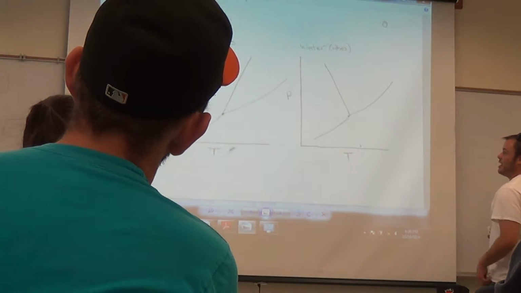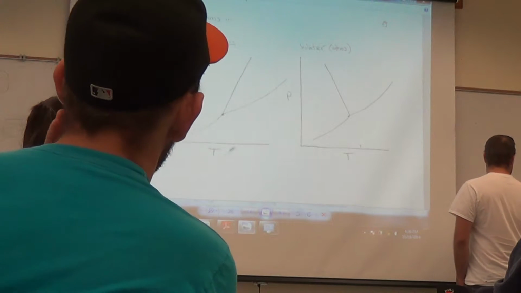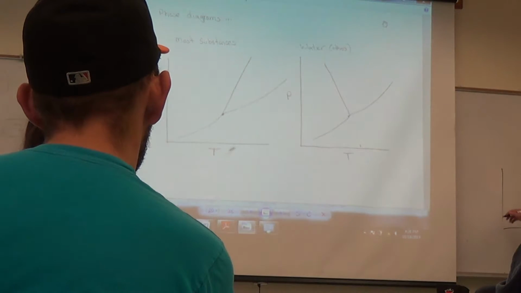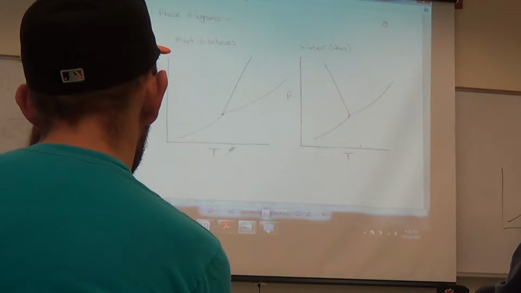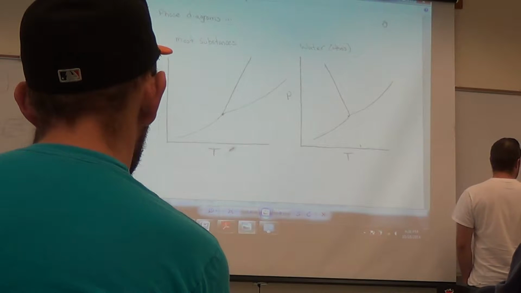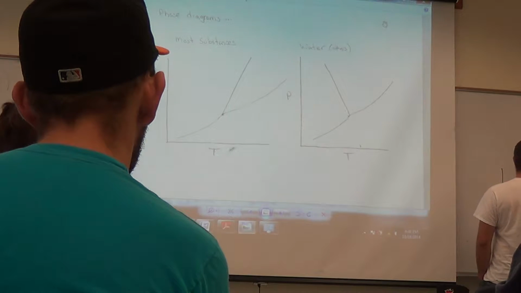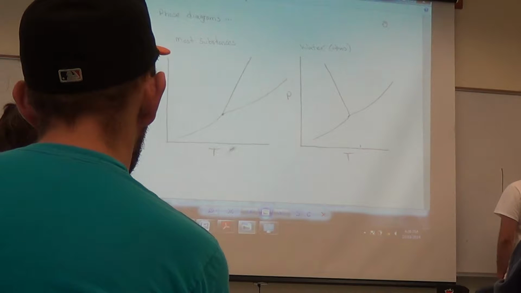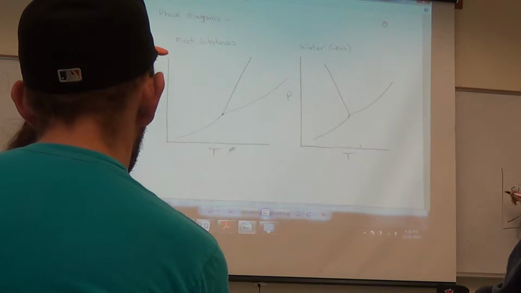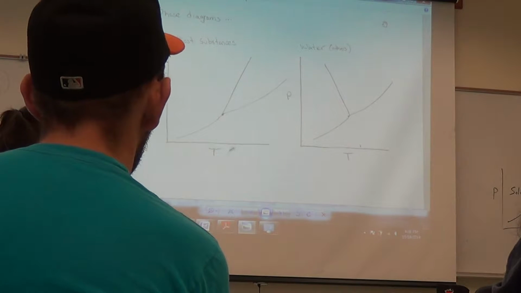And what I didn't label here was which phases we're dealing with. So in each of these diagrams, we have the solid phase over here, the gas phase over here, and the liquid phase over here. And each of these curves tracks the point of equilibrium between the two phases as pressure and temperature are allowed to change.